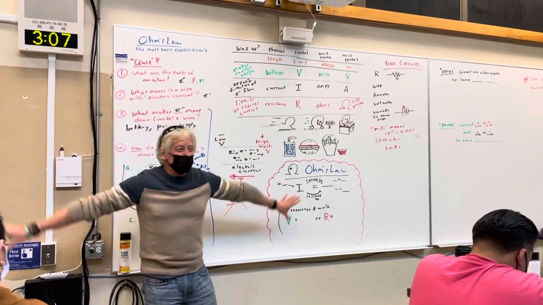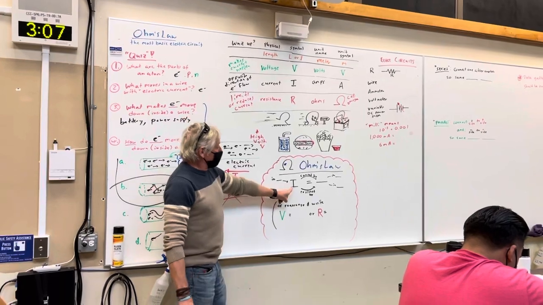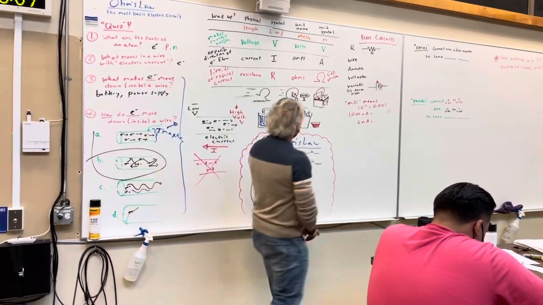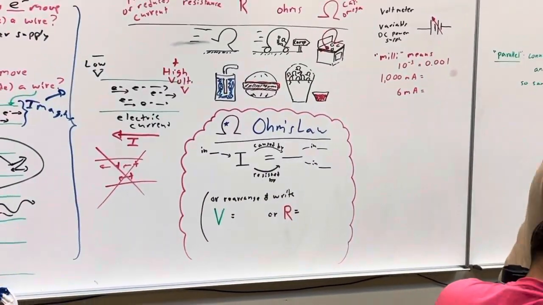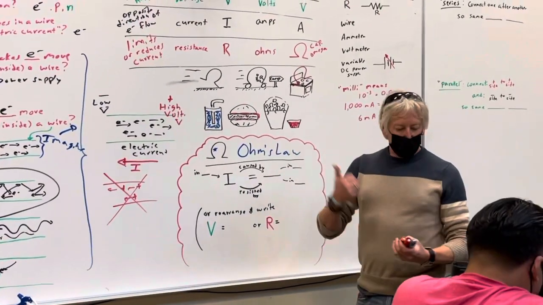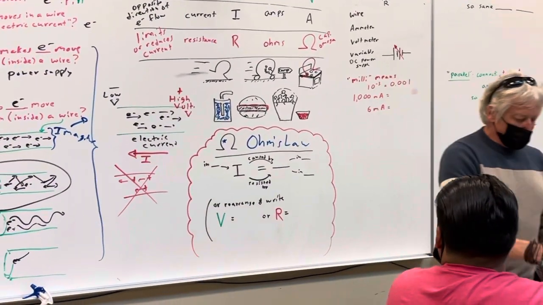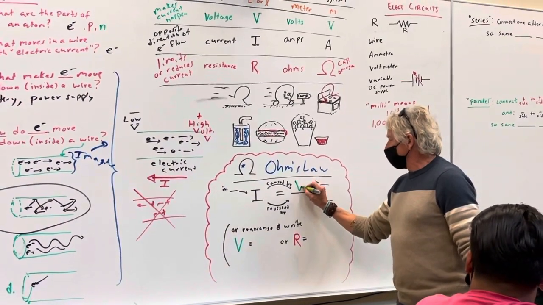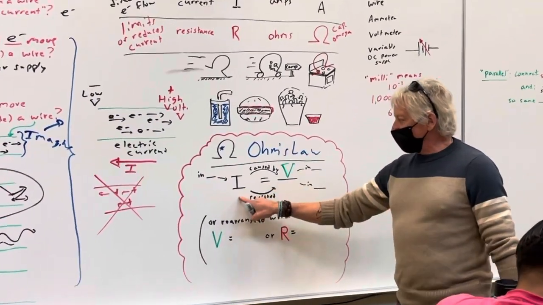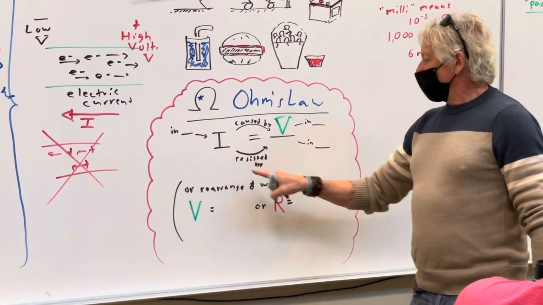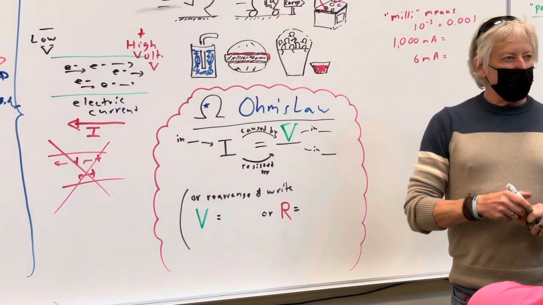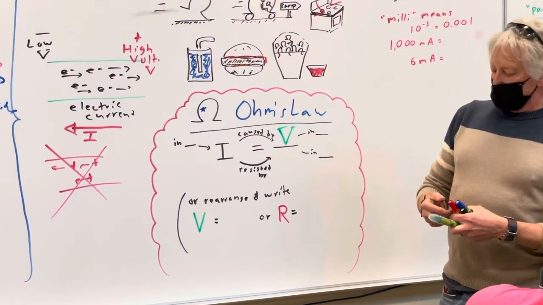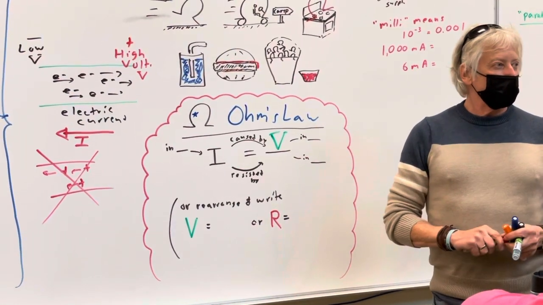And Ohm's Law says that you make a current by what? What do you use to make current? What makes current? Volts. More volts, more current. What is current resisted or reduced by?